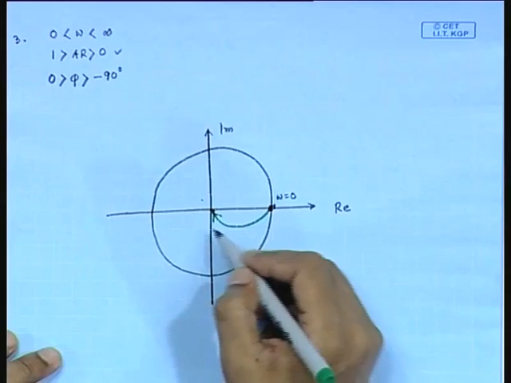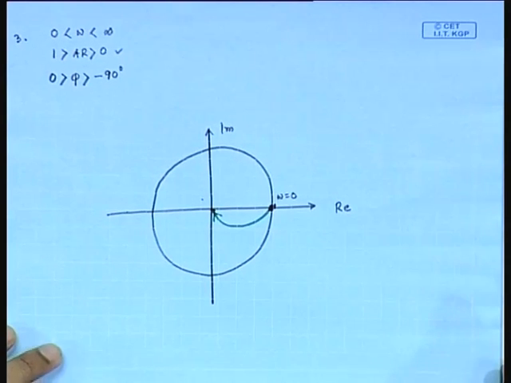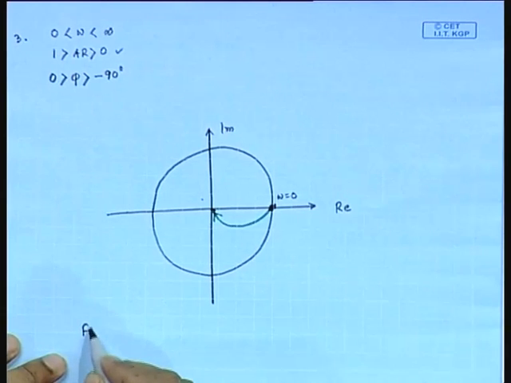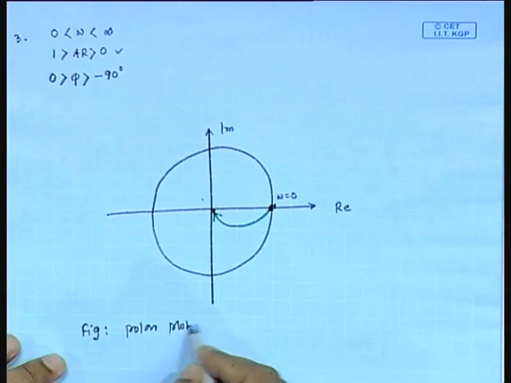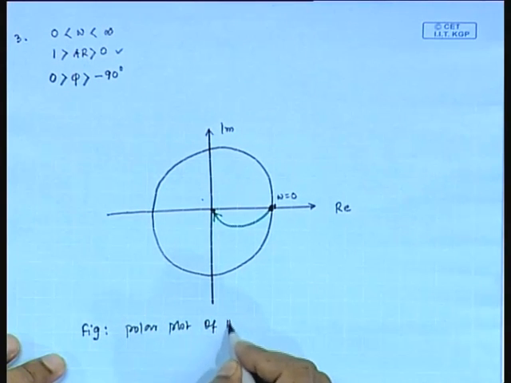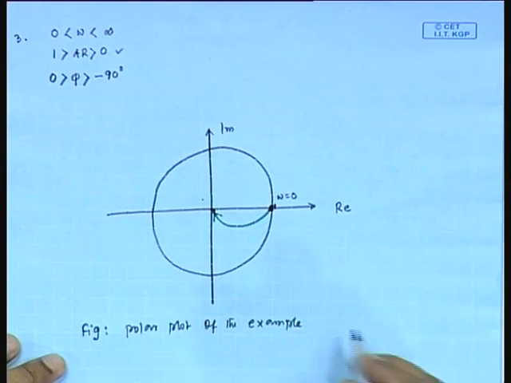Then we will get this type of plot. So, this is the polar plot for the example first order system.